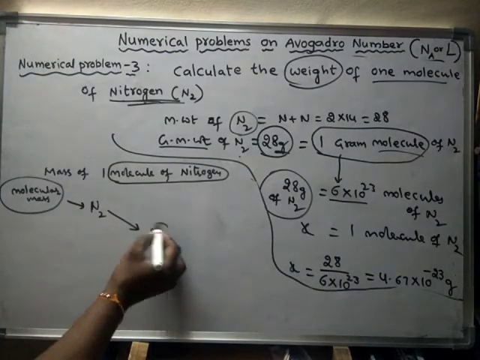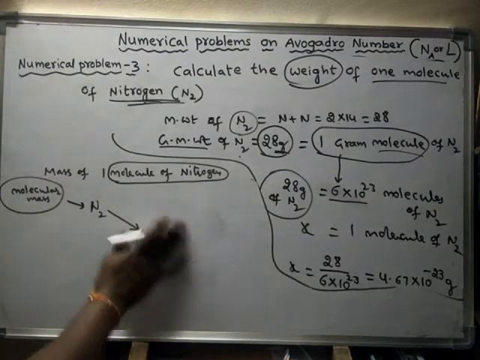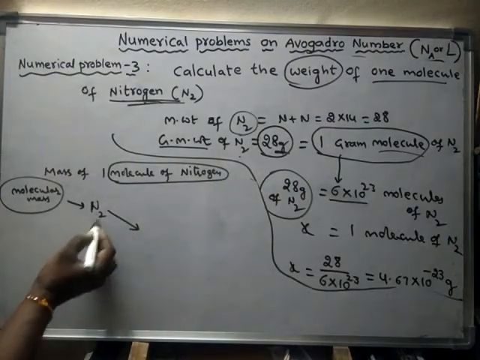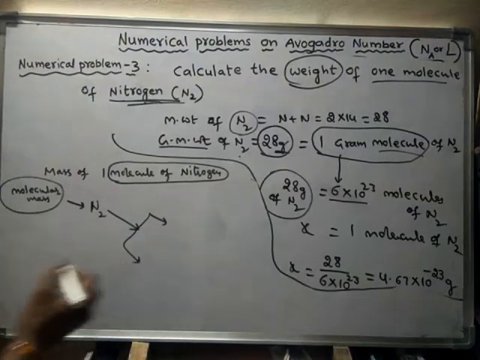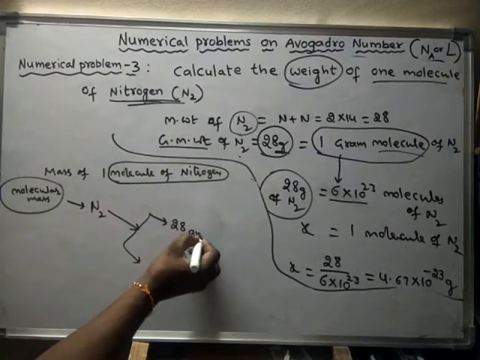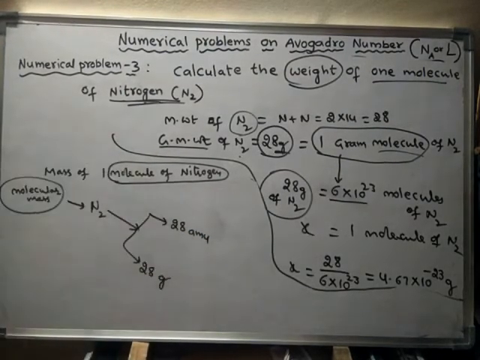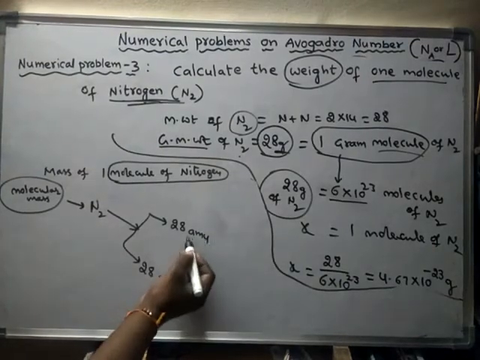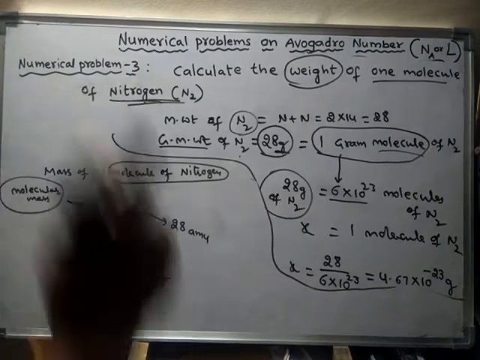See, the nitrogen molecular mass is 28. So I can express its molecular mass in two ways: 28 AMU or 28 grams. Again, AMU is used only for a single atom or for a single molecule.